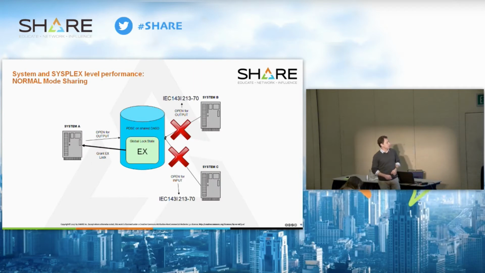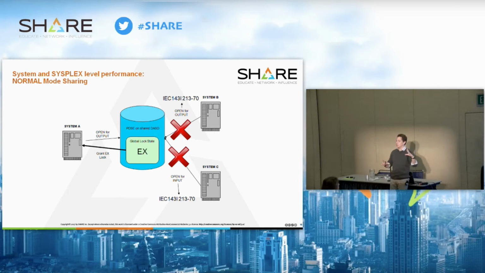So this is just a quick example. We can see here that system A has done an open for output, and it's been granted the exclusive lock on our PDSE over here on the shared DASD. So that PDSE now has a global lock state of exclusive. It's locked exclusive by system A. So when tasks on systems B and C come in, either for an open for output or an open for input, they're going to receive these IEC143I messages, specifically the 213-70.